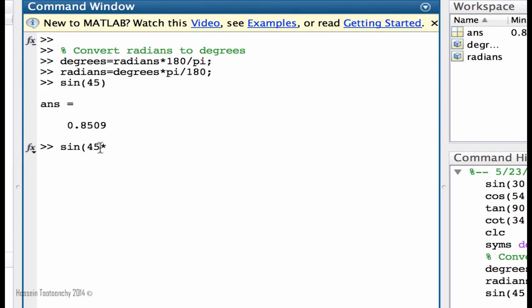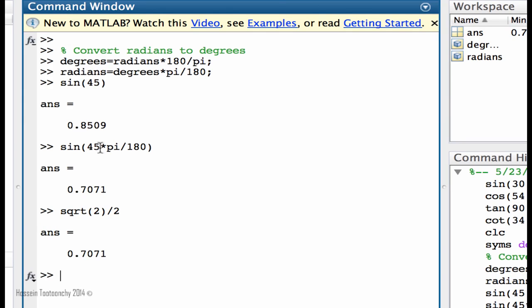So 45 multiplied by pi over 180 is going to be this one. And if you remember, the sine of 45 is going to be square root of 2 divided by 2. Let's do that just to test our results. SQRT of 2 divided by 2, which happens to be the sine of 45 degrees, is going to be the same as what we found here.